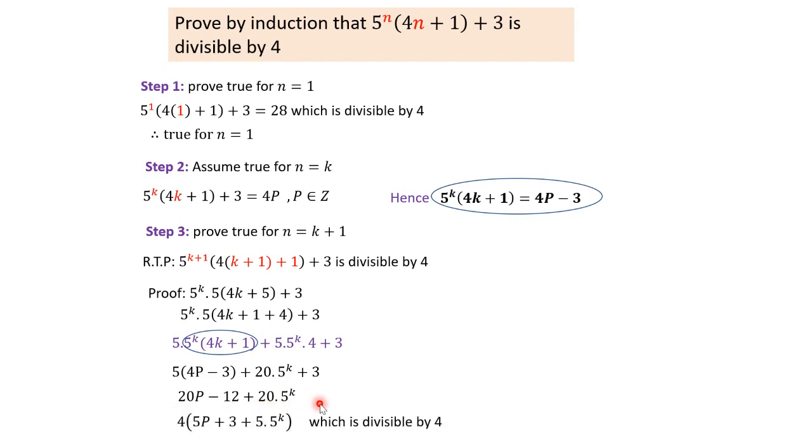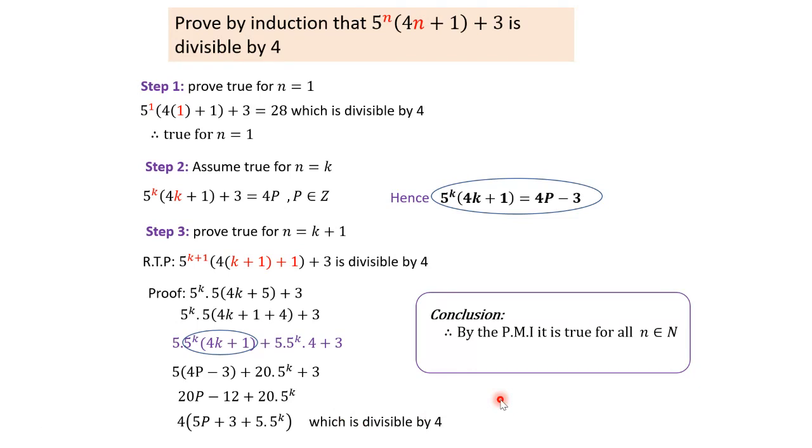I can take out a common 4. I'm not really interested in whatever's inside this bracket. All I know is that I took out a common 4, which means that my expression is divisible by 4. Hence, I can conclude by saying, by the principles of mathematical induction, that would be the correct way to write this, it is true for all n, an element of the natural numbers.